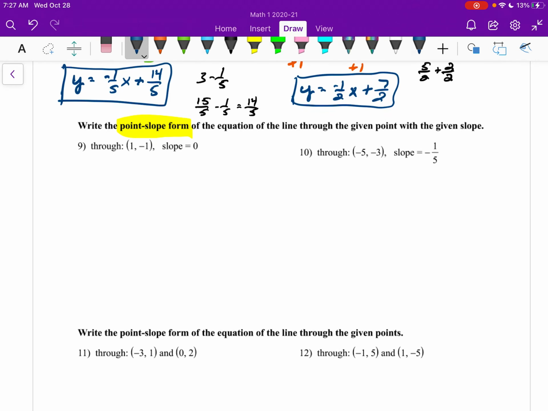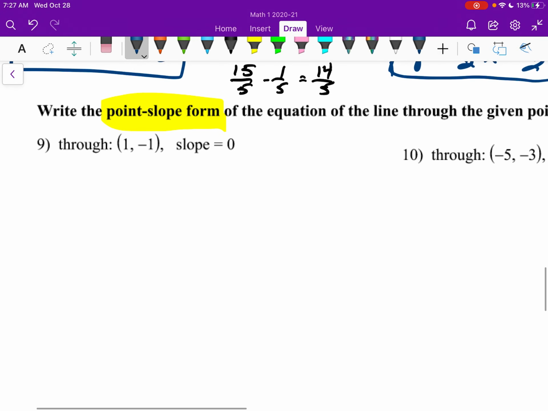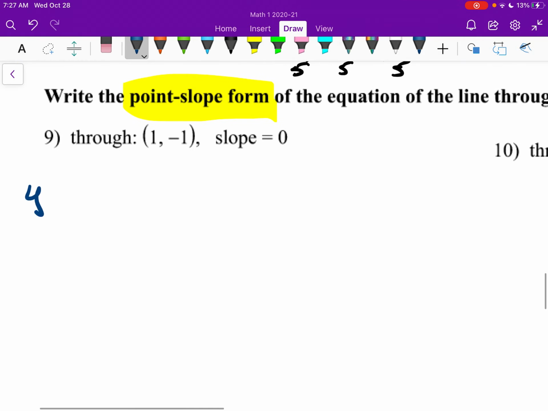Now, 9 and 10, I think they get a little bit even easier. So we have to write the equation in point slope form. So I'm going to say, well, y minus negative 1 equals 0, x minus 1. That double negative turns into a positive. And this 0, well, 0 times x minus 1, that's all just going to go to 0.